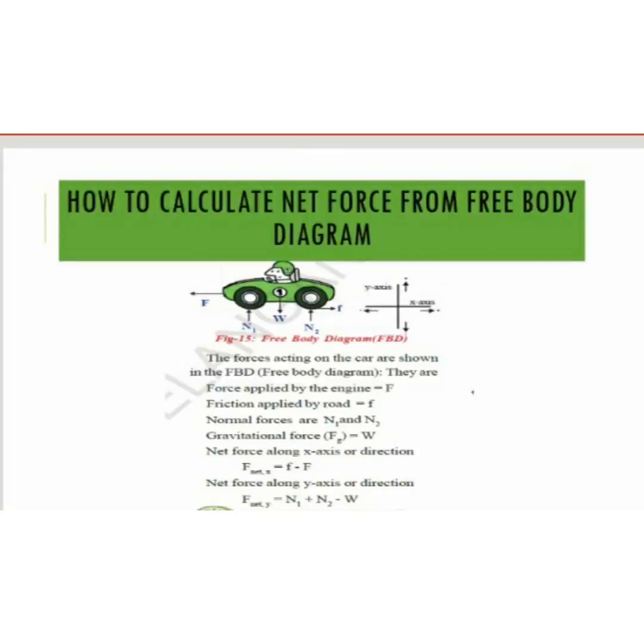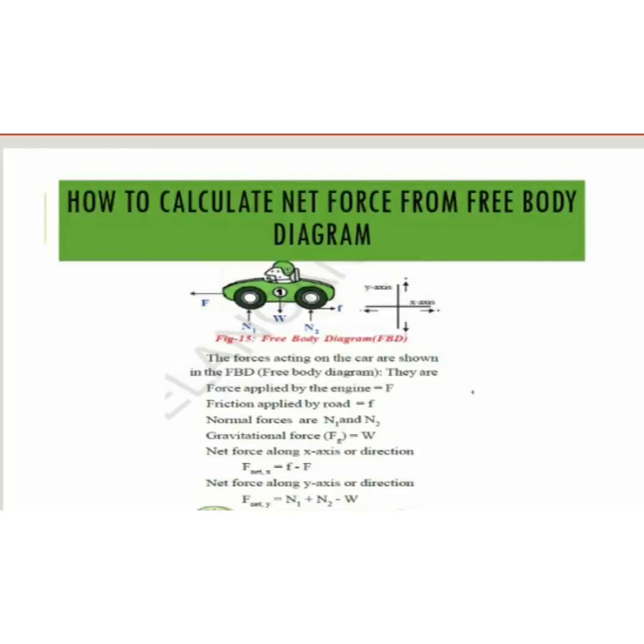So F net of x is equal to, now small f is the friction applied by the road. That is always in the opposite direction, to stop the car from moving forward. That's why small f has a minus, meaning opposite. Because it is acting as an opposing force, we keep the minus because it is making the car stop. Now what is capital F?